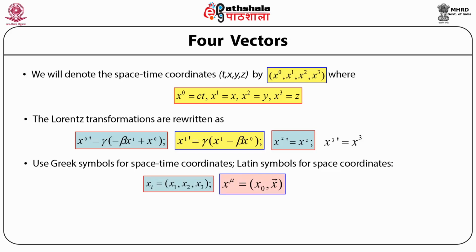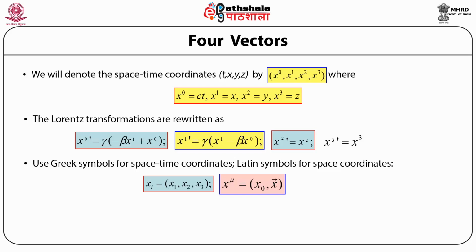So x subscript i is equivalent to x₁, x₂, x₃, while x^μ is equal to x₀ and the x vector.